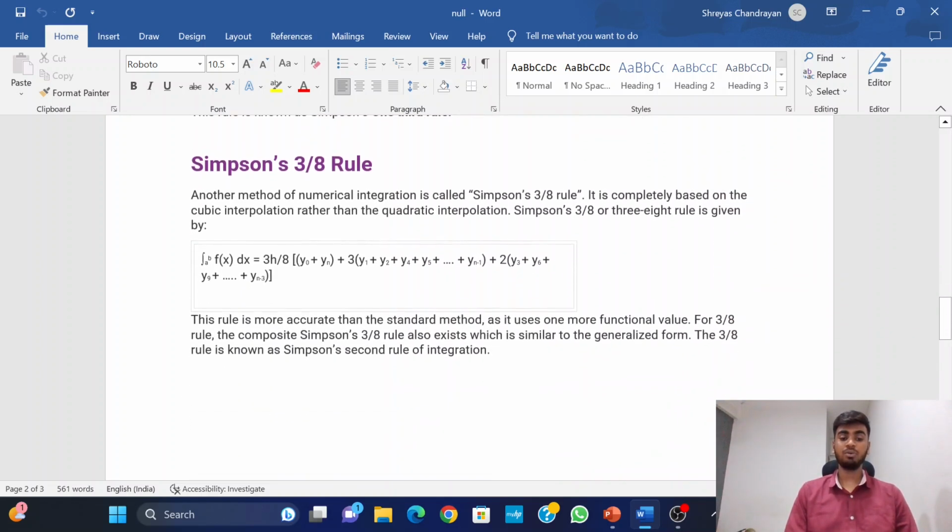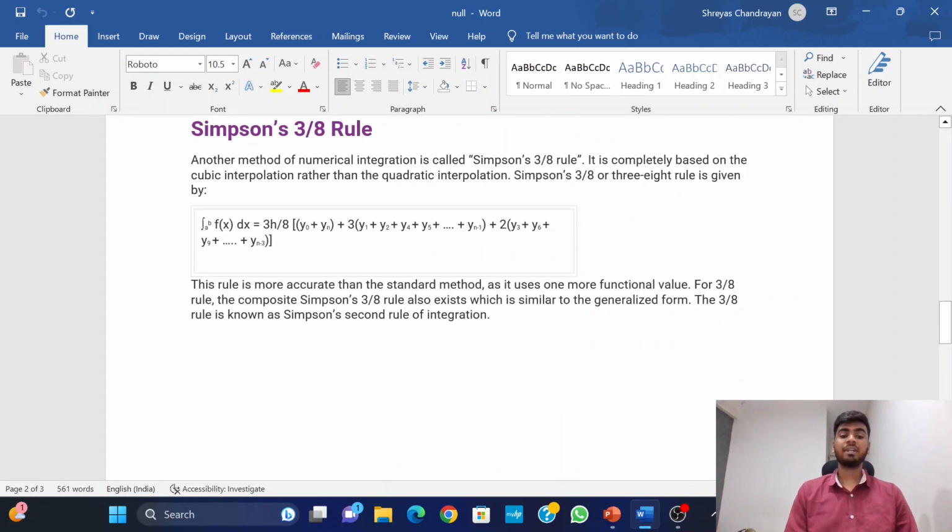Simpson's 3 by 8 rule is another method of numerical integration. It is completely based on a cubic interpolation rather than quadratic interpolation. Simpson's 3 by 8 rule is given by integral f(x) dx from a to b is equal to 3h by 8 [y0 plus yn plus 3 (y1 plus y2 plus y4 plus y5 and so on till yn minus 1) plus 2 (y3 plus y6 till yn minus 3)].